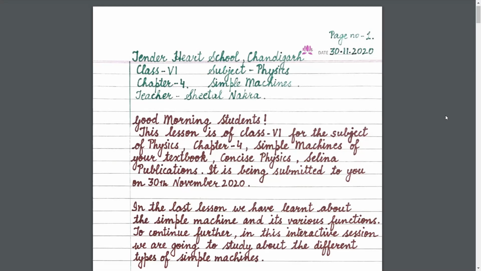Children, in the last lesson, we have learned about the simple machine and its various functions. To continue further in this interactive session, we are going to study about the different types of simple machines.